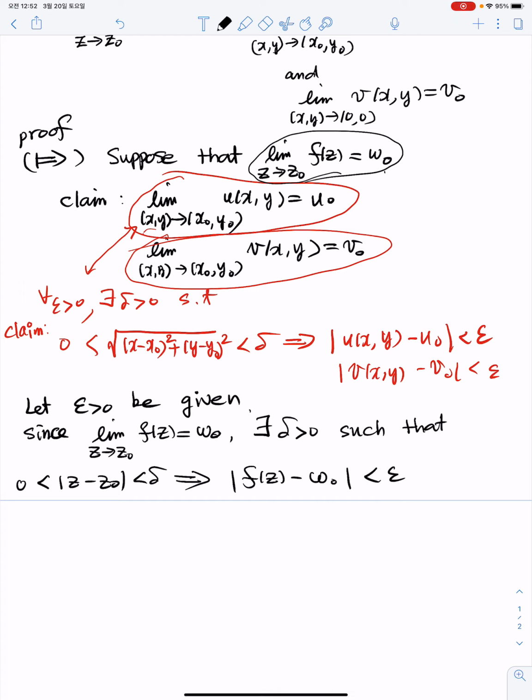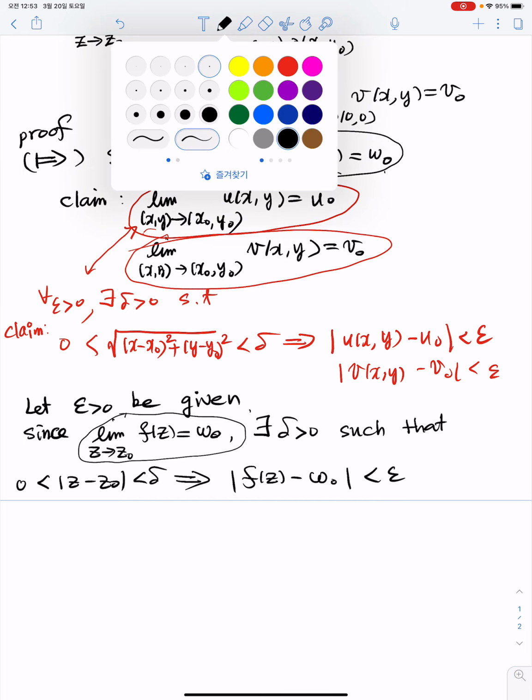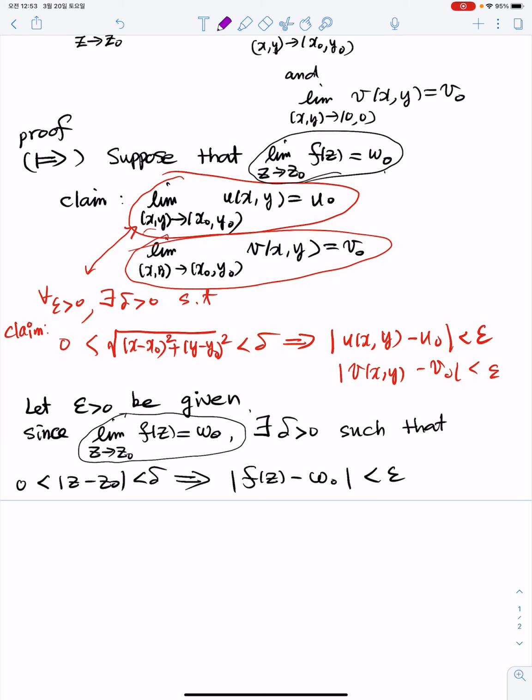Okay, this is by definition, since the limit of f(z) as z converges to z0 equals w0. Now look at this part very carefully. You compute this guy: root of (x minus x0) squared plus (y minus y0) squared, right?